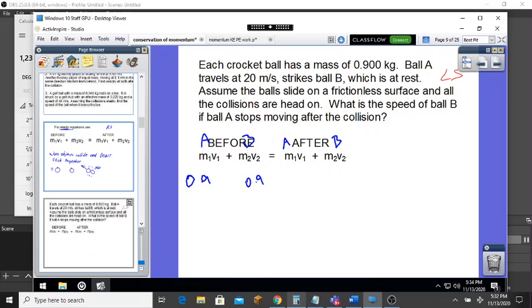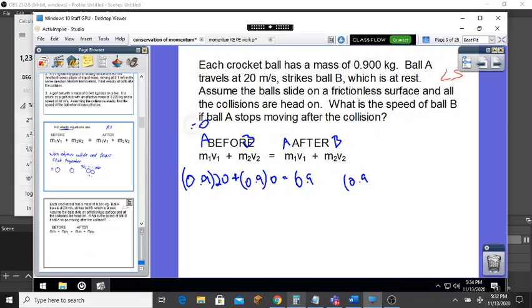So it's okay to put the mass for all the M's. Okay, ball A travels 20 meters per second. So we know ball A is going 20 meters per second. And it strikes ball B, which is at rest. So this guy here is at rest, ball B.